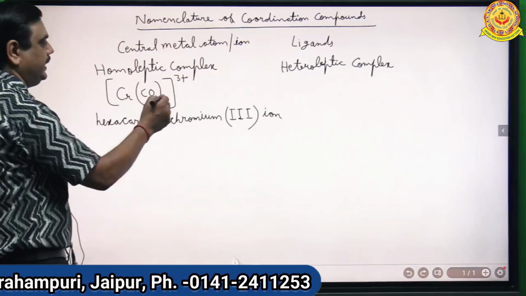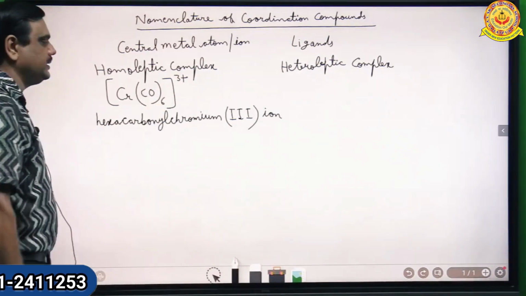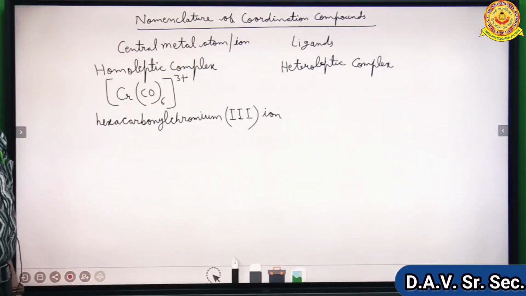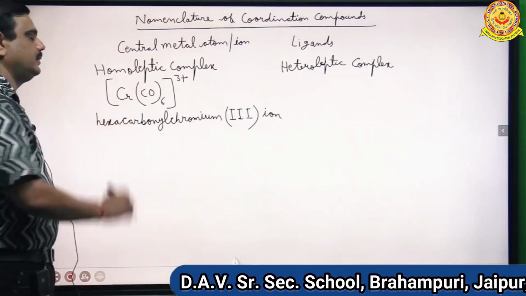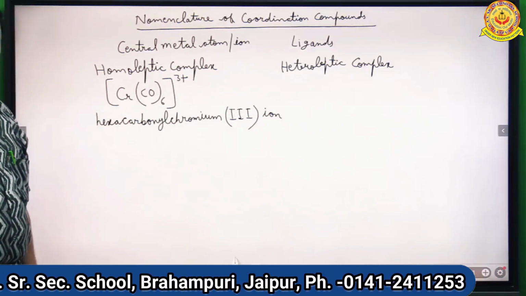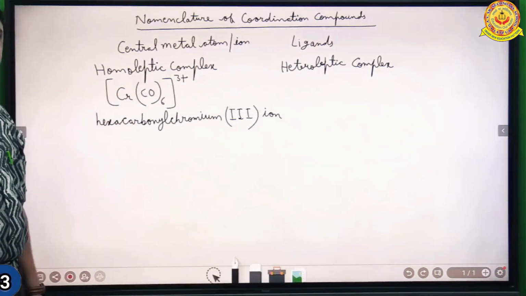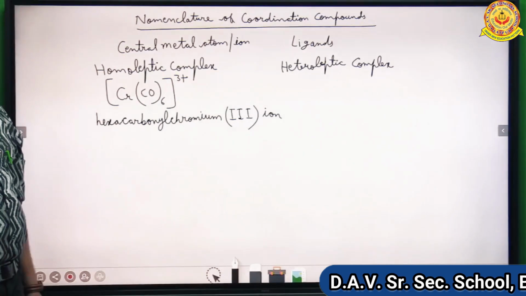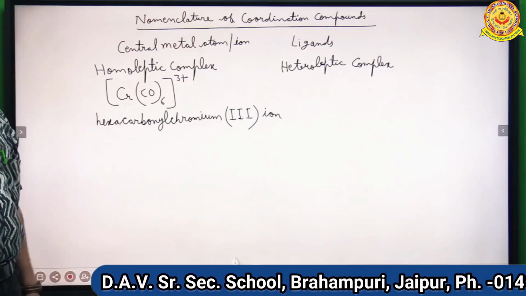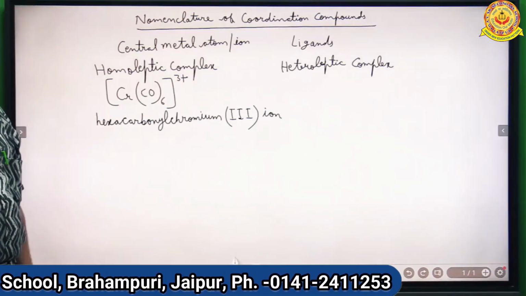And here 6 is written. What is 6 here? 6 is the coordination number of chromium. Two numbers we have to check: oxidation number and coordination number. Oxidation number is the one used to form simple compounds.